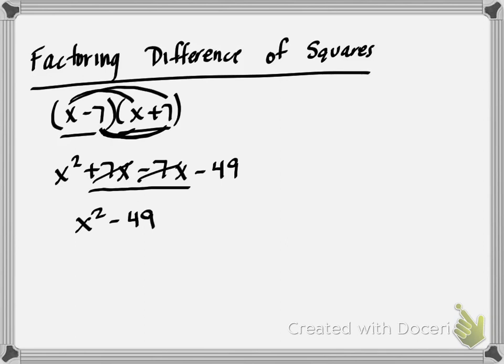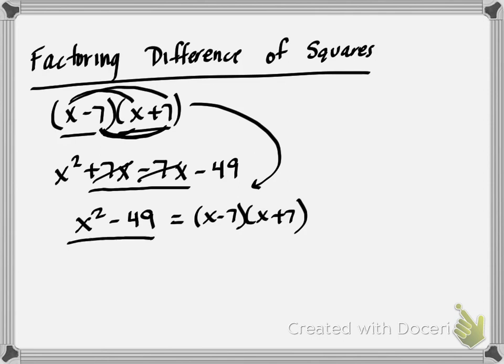So what we can say is what we started with is equal to x squared minus 49. I can now say this, x squared minus 49 is equal to what I started with, x minus 7 and x plus 7. Now notice the relationship between what we put in the parentheses and that 49.